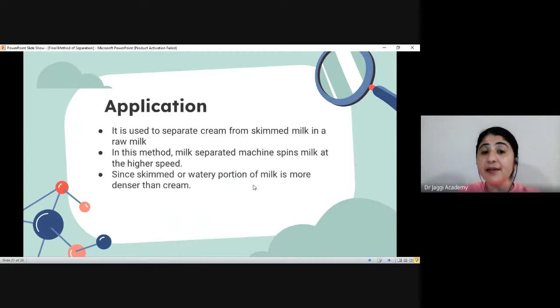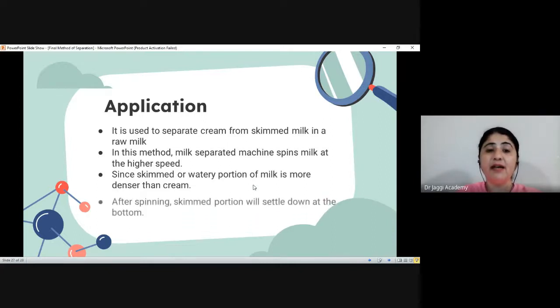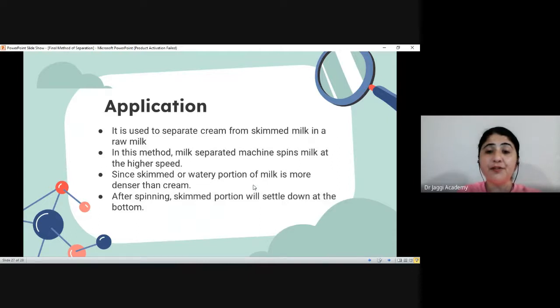Since the skimmed or watery portion of the milk is denser than the cream, after spinning, the skimmed portion will settle down at the bottom. So this is the main application of gravity separation that we use in our daily life to separate cream from skim milk.